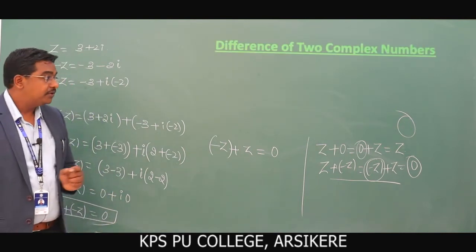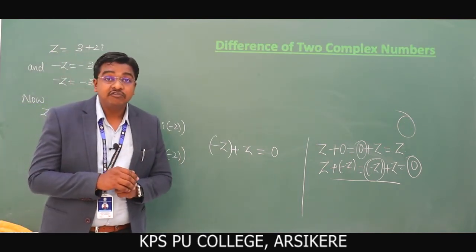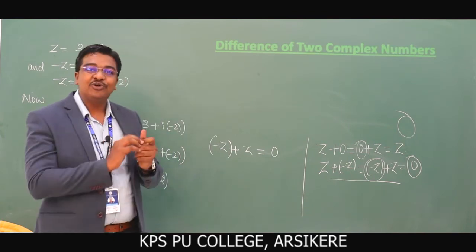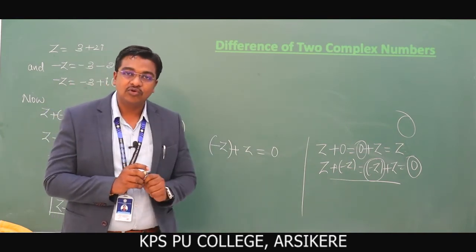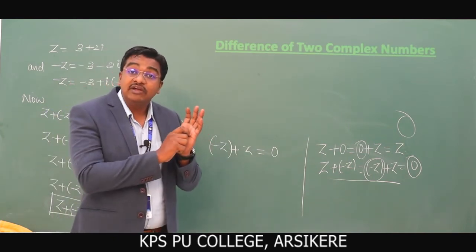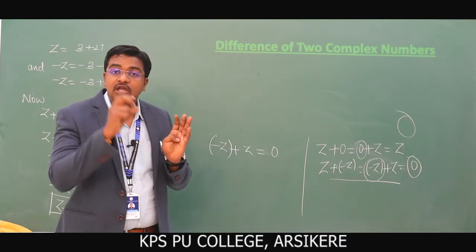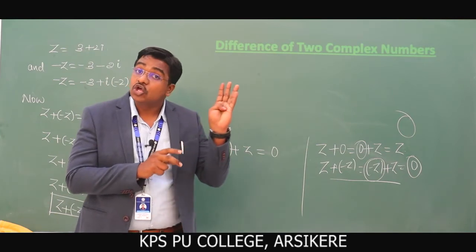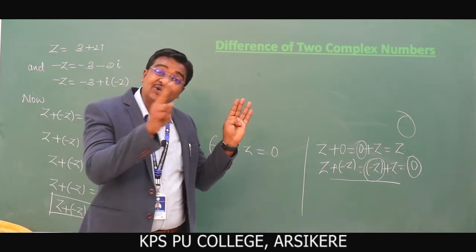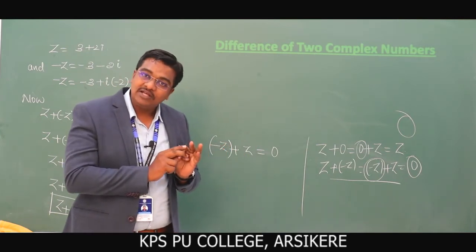Now dear students, we are moving to the difference of two complex numbers. Before discussing the difference of two complex numbers, let us have a quick recap on the properties of addition of complex numbers. Which properties are followed? First, the closure property: the sum of any two complex numbers is again a complex number.